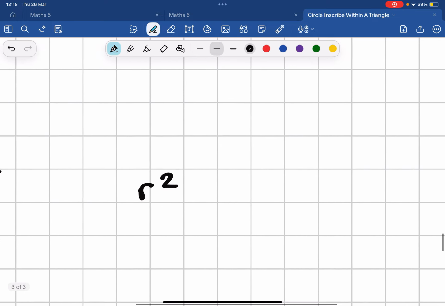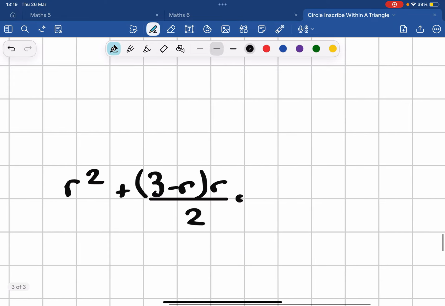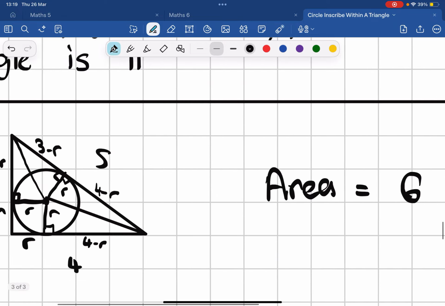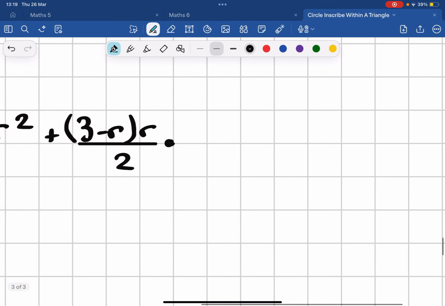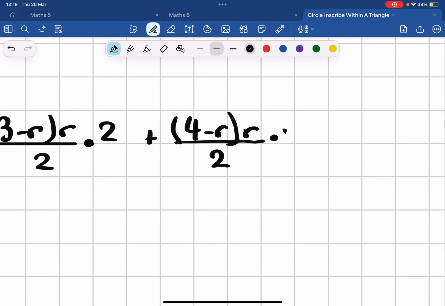We've got 3 minus r over 2 times r, multiplied by 2, because we've got 2 of these triangles. And then we've also got 4 minus r times r all over 2. And again, we've got 2 of those triangles. And we know that equals 6.